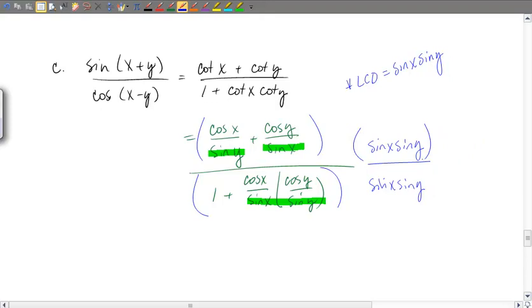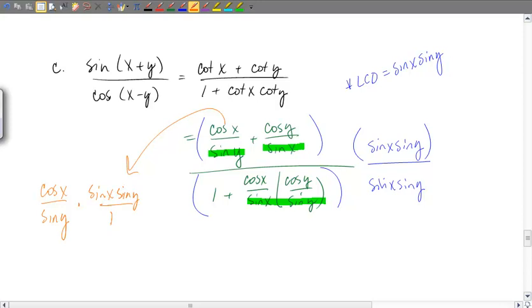So let's just handle the numerators. Let's see what's going to happen here. Again, I'm going to take this first term and pull it out and show you what it is that we're doing. So we have cosine x over sine y, and we're saying I want to multiply that by sine x, sine y over 1.